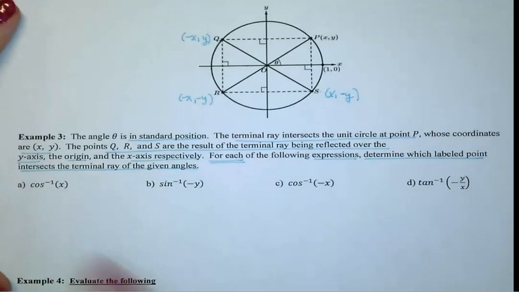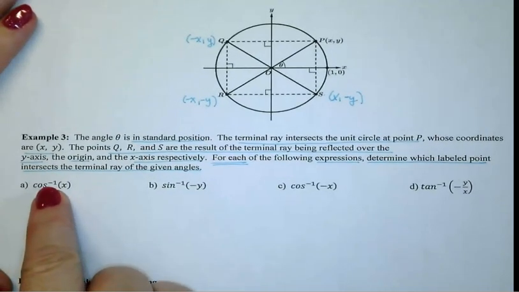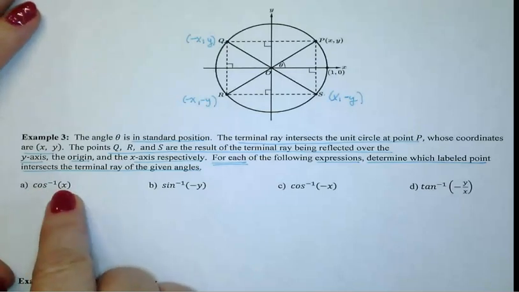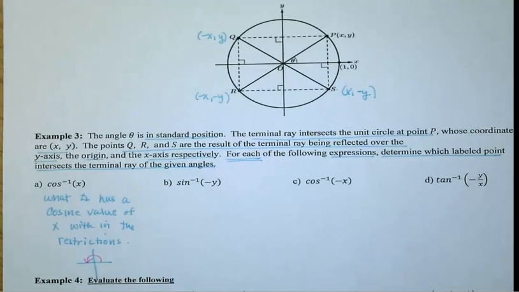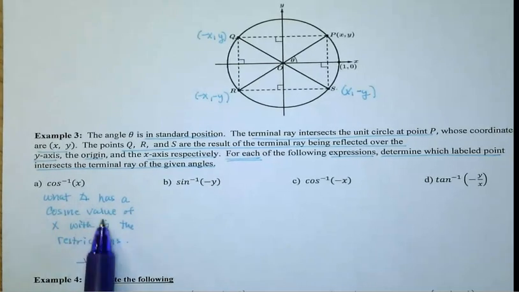So question 1 is saying cosine inverse of x. What does that mean? That means what angle has a cosine value of x? I went ahead and wrote down what we're talking about. What angle has a cosine value of x within the restriction? The restriction here goes from 0 to pi for cosine.